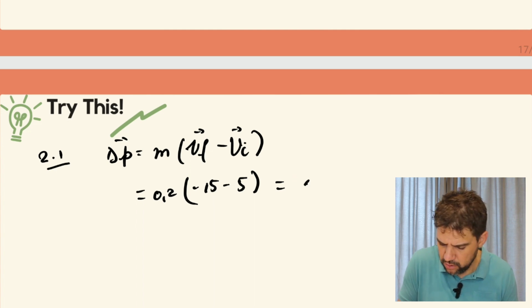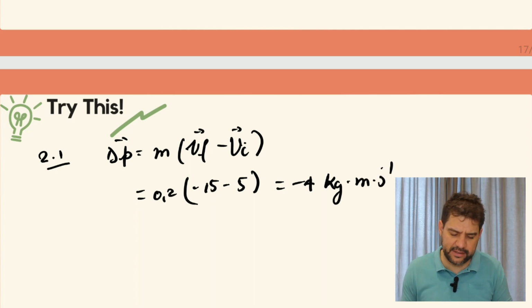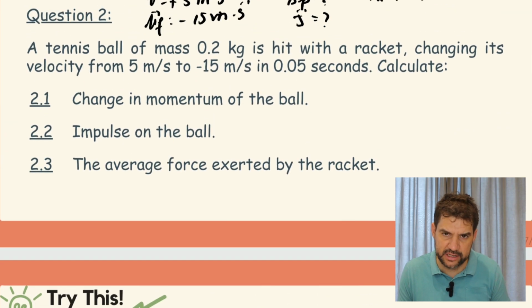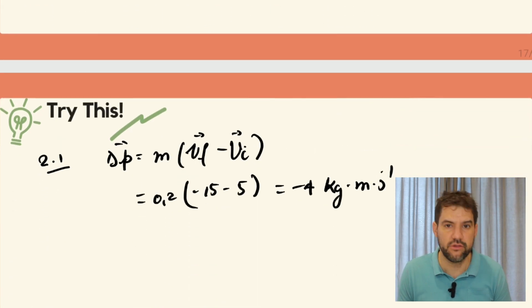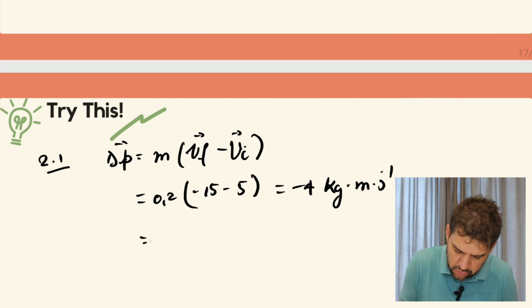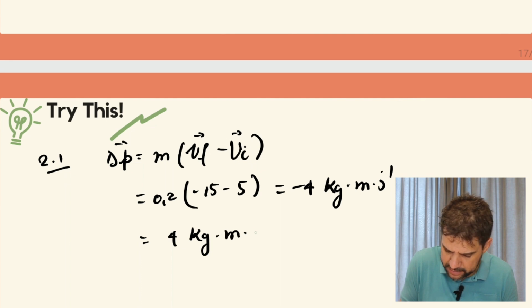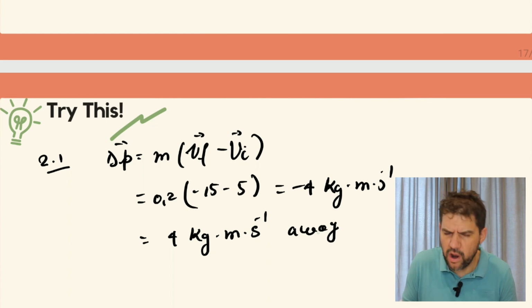This is -4 kilogram meters per second. Once more, they're asking you to calculate the change in momentum. It's a vector quantity. I don't want to leave that negative. I rather want to write it in words, so it's equal to 4 kilogram meters per second away. It means away from the racket.